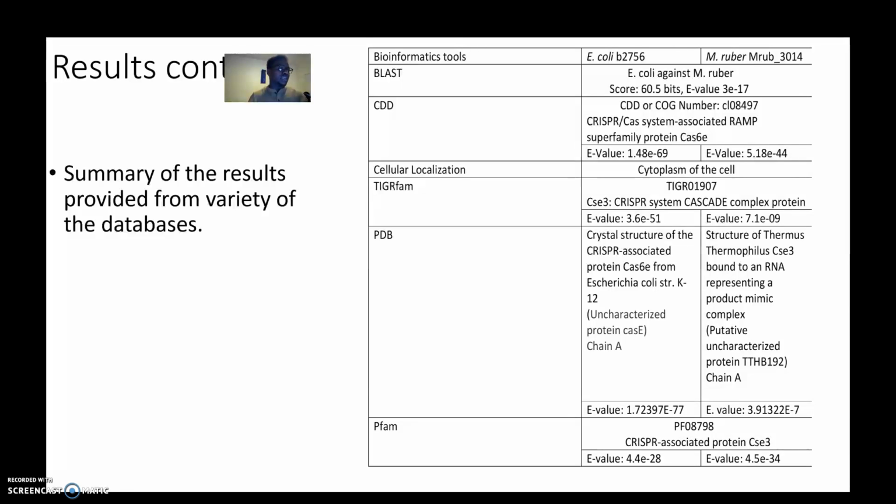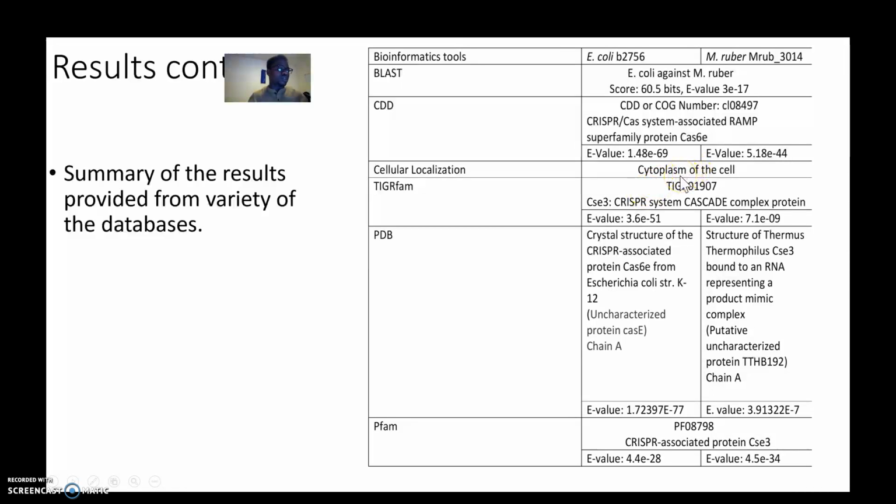The alignment also provided a low E value, which also indicates that these two genes are similar.